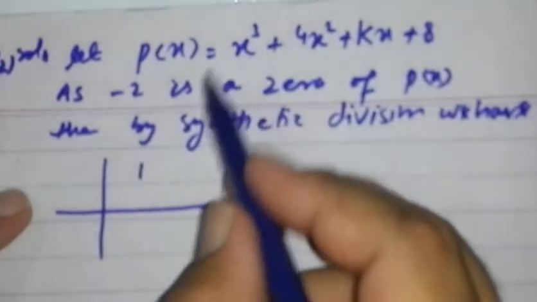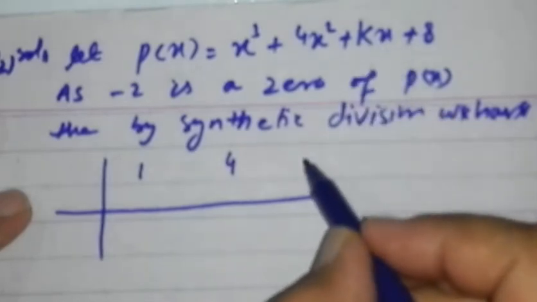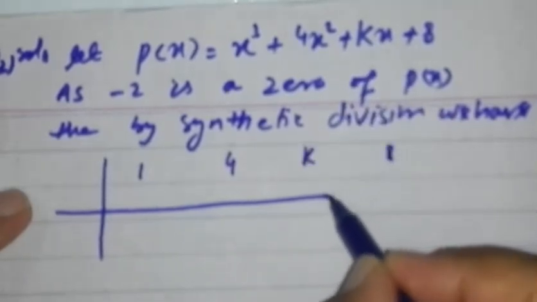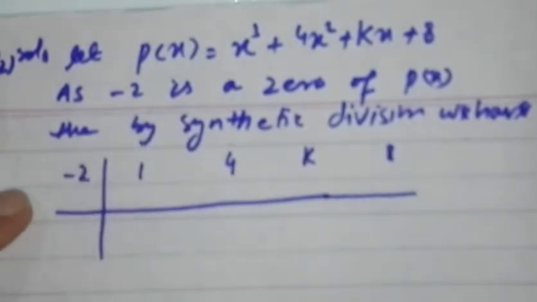The x cube coefficient is 1, x square coefficient is 4, the x coefficient is k, and the constant term is 8. Minus 2 is the zero, write it here.